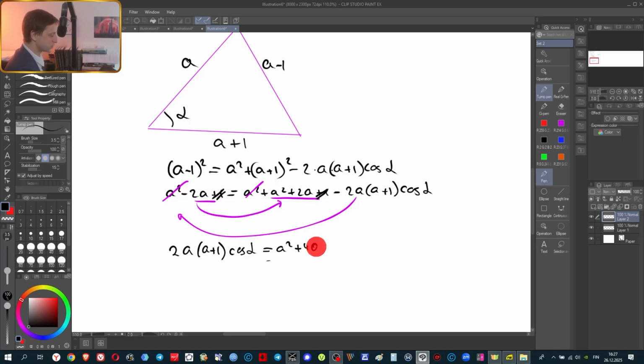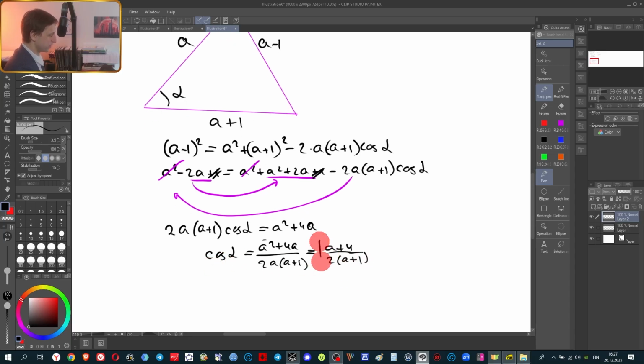So A squared plus 4A, 1 canceled out, and you have simply that cosine alpha equals A squared plus 4A divided by 2A, A plus 1. A cancels out, and you have A plus 4 over 2A plus 1. So cosine alpha is eventually this value in terms of A.